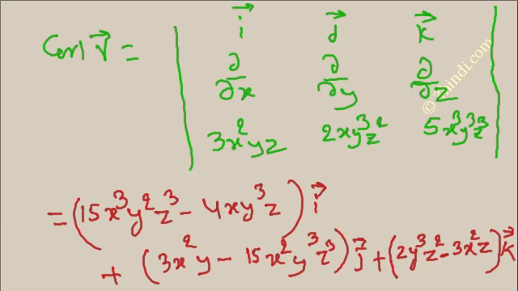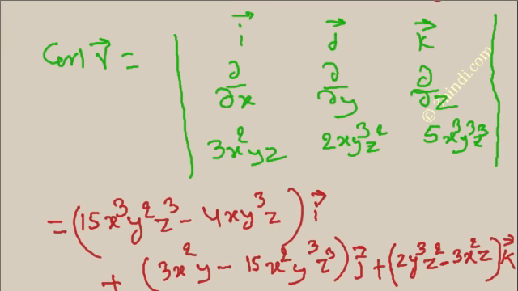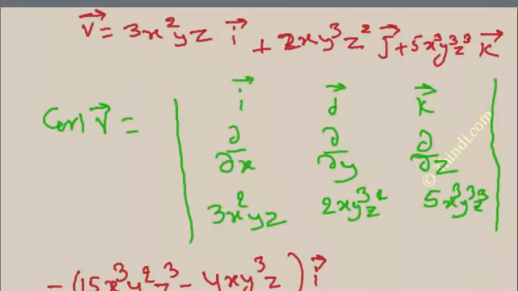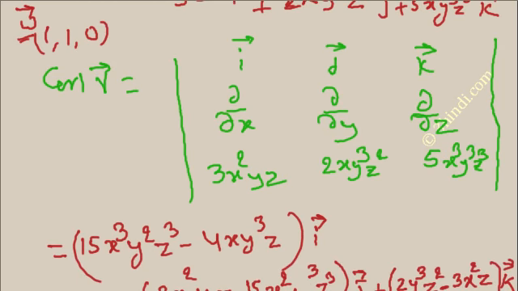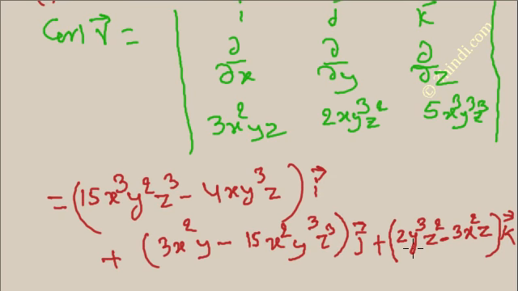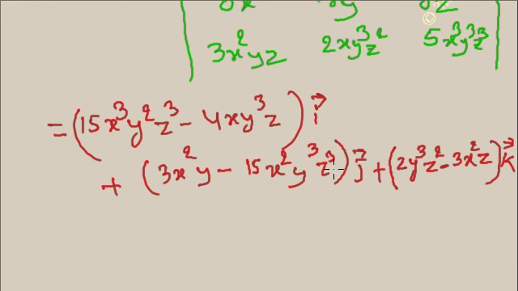Suppose you want to find out the rotational speed of the point, for which v is represented like this, at the point (1, 1, 0). You want to find out omega, the rotational speed. So you find the curl of v at that point and divide it by 2. If you put (1, 1, 0) in the curl of v, you will get 3j.